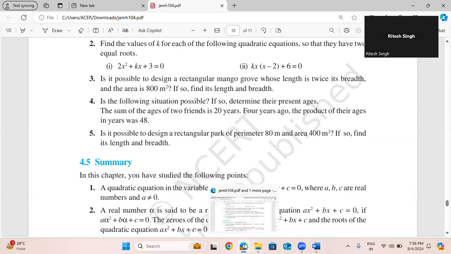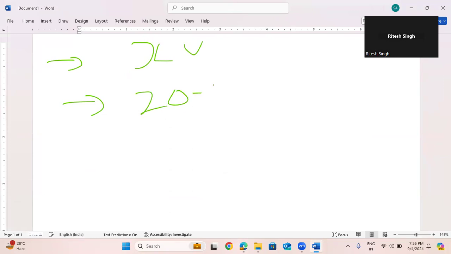First, whatever it will say, we will continue writing. The sum of ages of two friends is 20 years. So let the age of the first friend be x. So the age of the second friend will be 20 minus x. Why? Because the sum of their ages is 20.